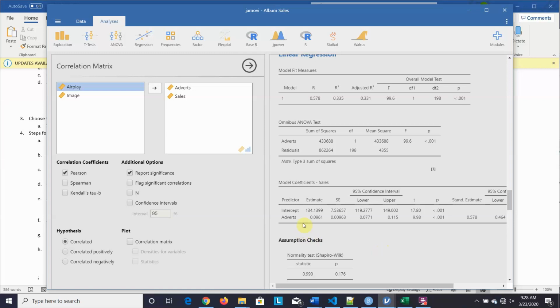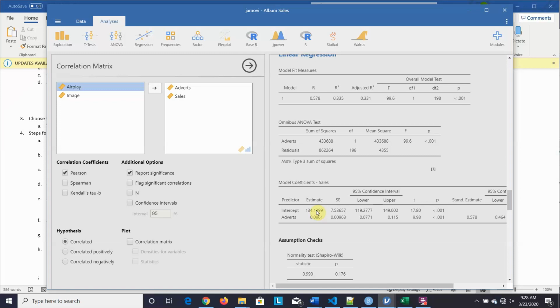And when we look at the non-standardized part, the first thing we're going to look at is the intercept. And what that is: if our advertising budget were 0, what would be our sales at that point? And this gives us that value, and here it is, 134.14.